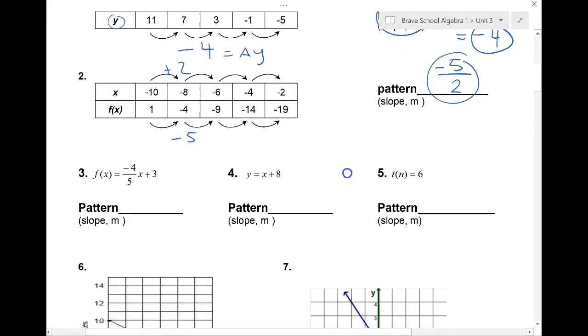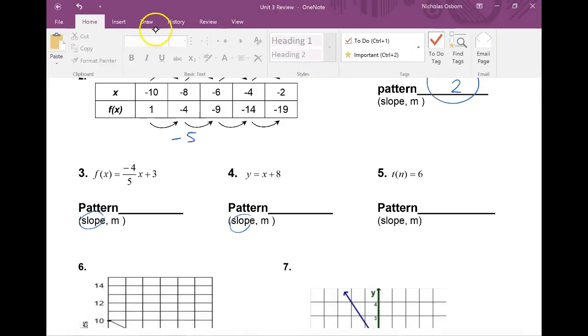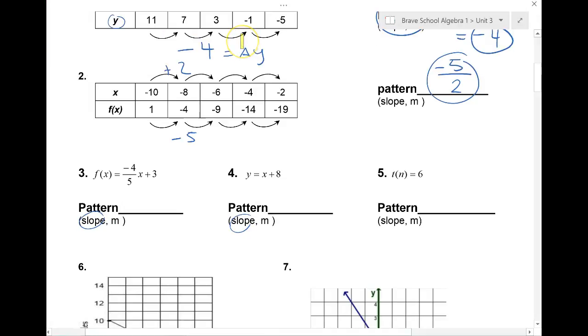Okay, so now in the next one, we have to identify the slope again, or the pattern. And the nice thing about equations is that it's right there in front of you. So in an equation, we have this form that I'm sure all of you have heard many times. Y equals mx plus b.